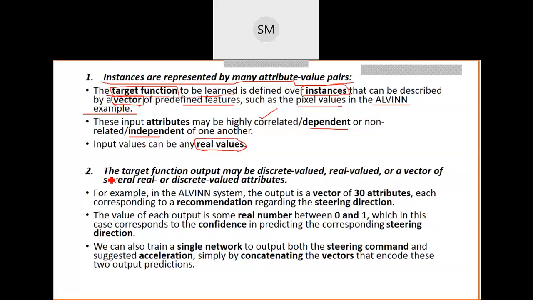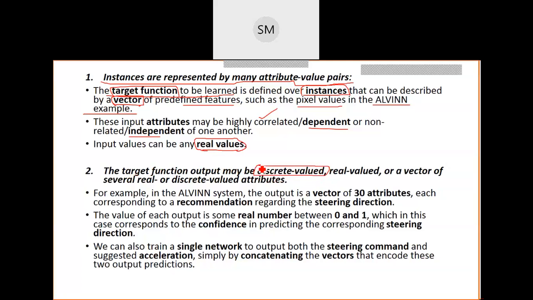The second category of problems where we can use them is where the output of the target function may be of three types. It may be a discrete value.